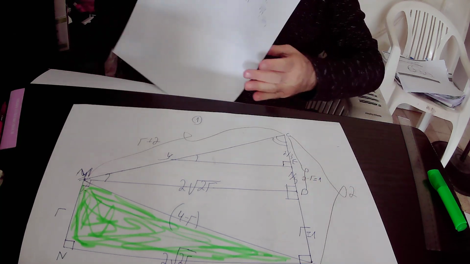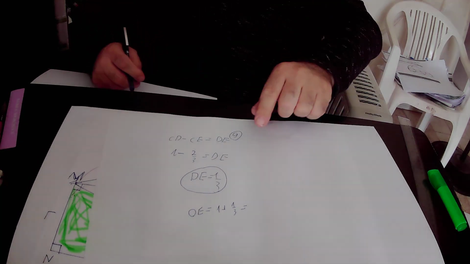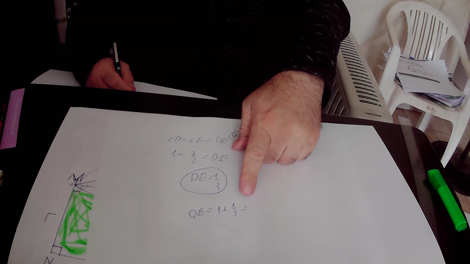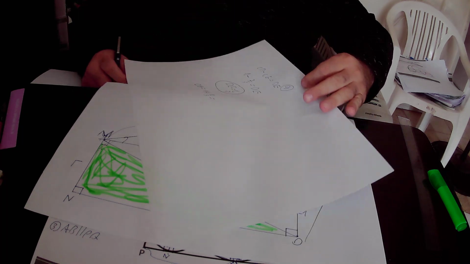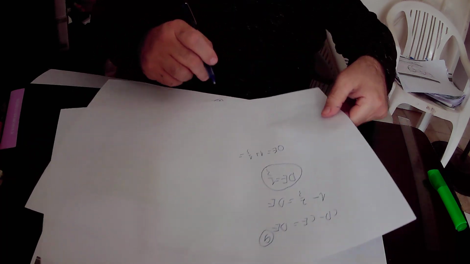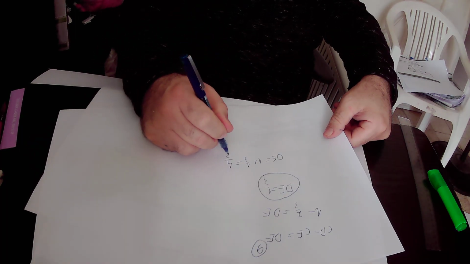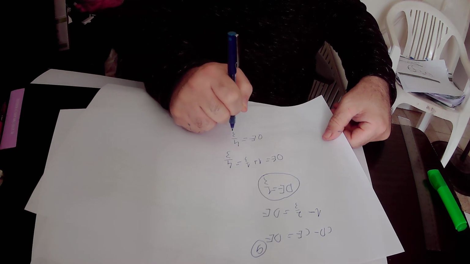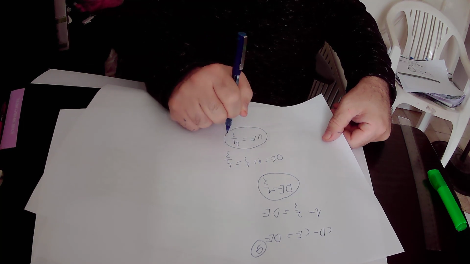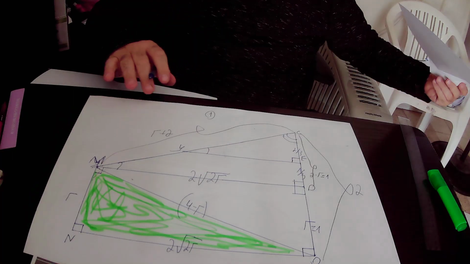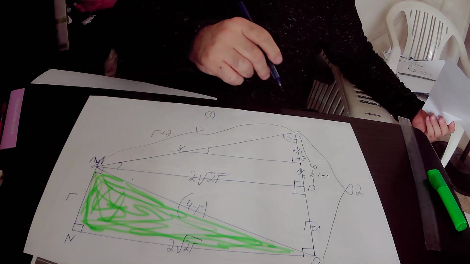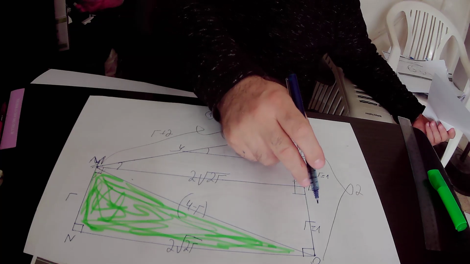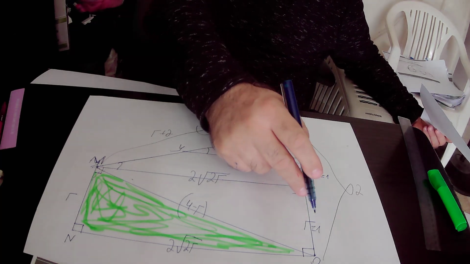So OE equals 1 plus 1/3. 1 plus 1/3 is 4/3. OE equals 4/3 units.